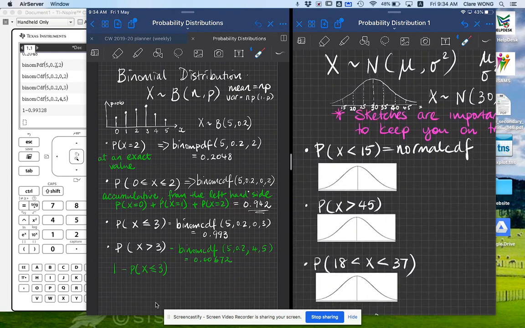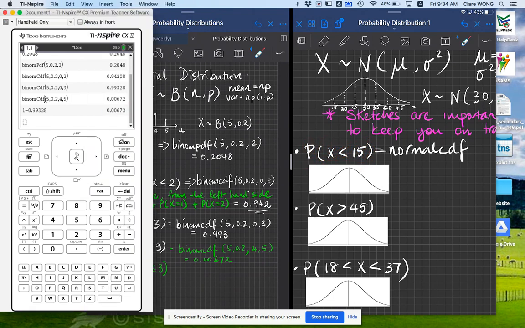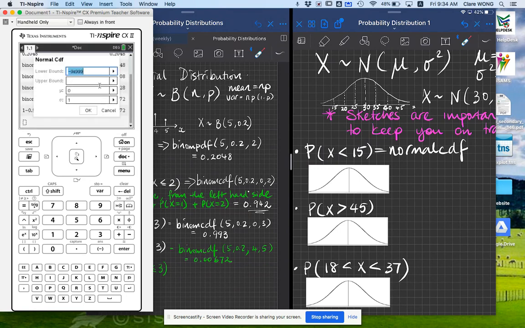Let's take a look at the first one. We're interested in finding out what is the probability that x is less than 15. So we can go to the calculator. Now this time, instead of selecting binomial, we use normal CDF. Now, how do we enter the lower bound and the upper bound?